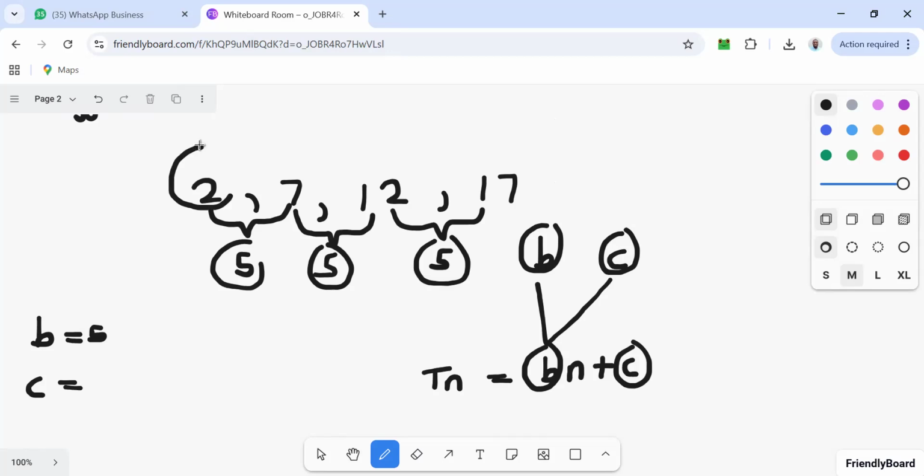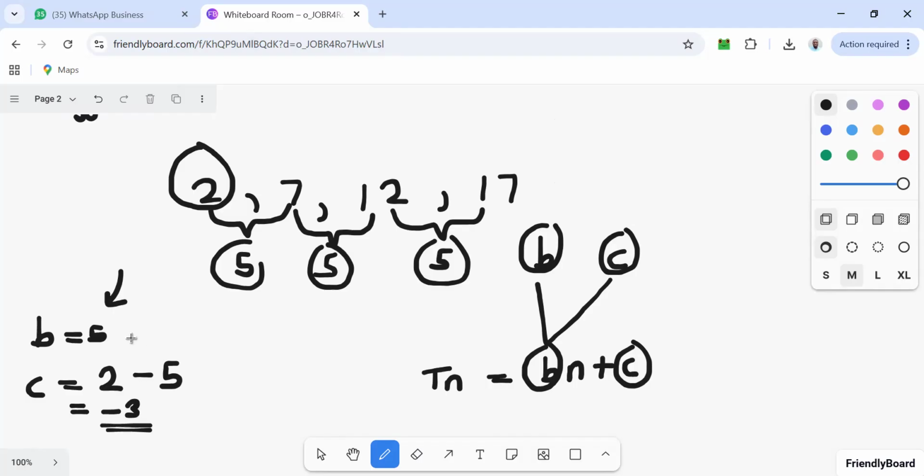Then I'm going to write 2 here, then take away the constant difference, or B, which we already found to be 5. So 2 take away 5. So therefore, my C will be equal to negative 3, because 2 take away 5 is negative 3.